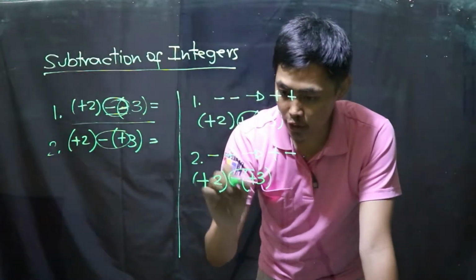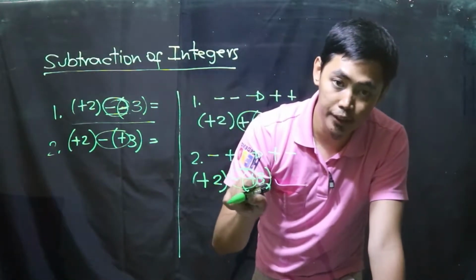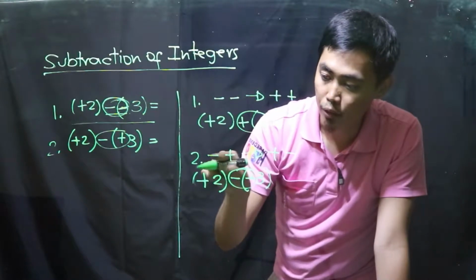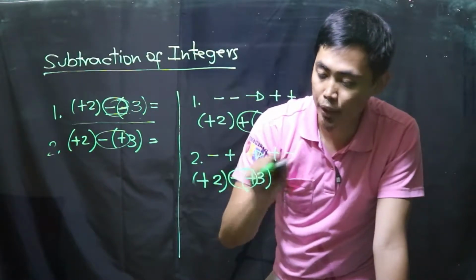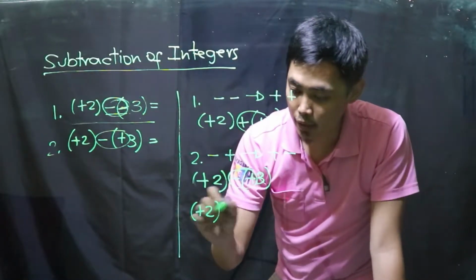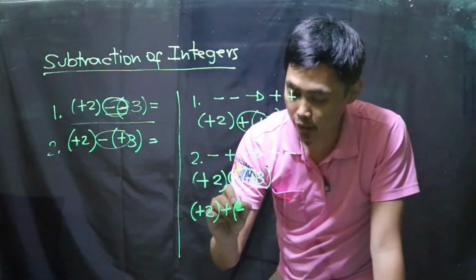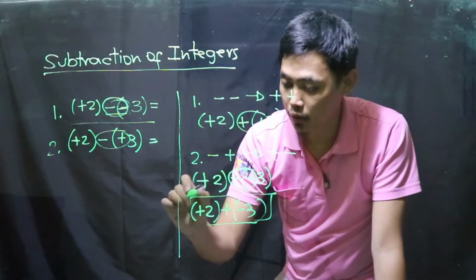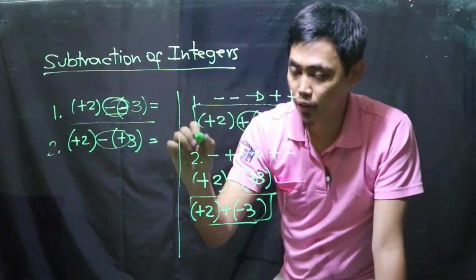We will need to change the two center signs from minus plus to plus minus. So it becomes positive 2 plus negative 3. So this is your equation now. This is for number 1.